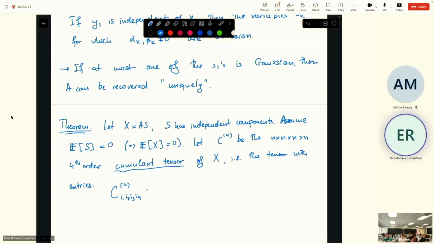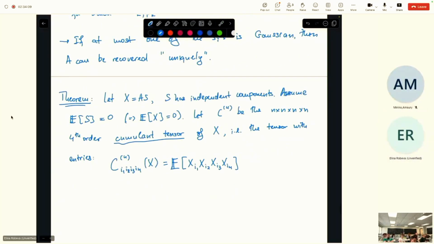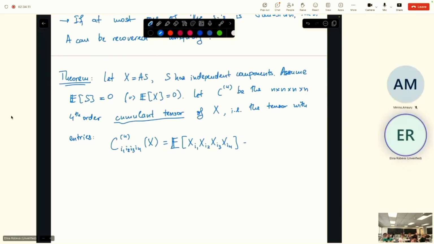Its entry (i1, i2, i3, i4) of X is given by this. I take the fourth moment, where you just take the expectation of the product. If my variables were not mean zero, this formula would be more complicated, but because they're mean zero, my formula is much simpler.